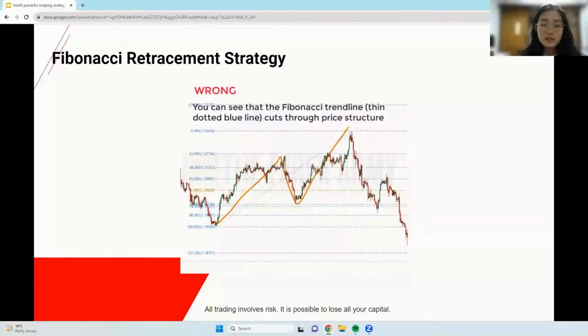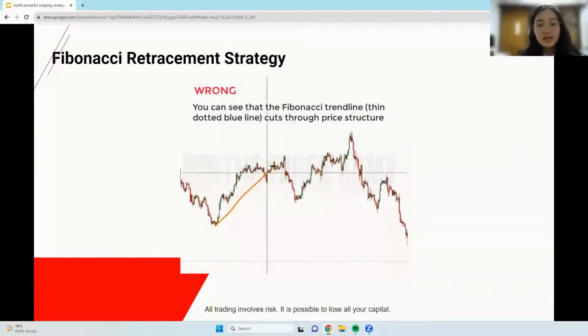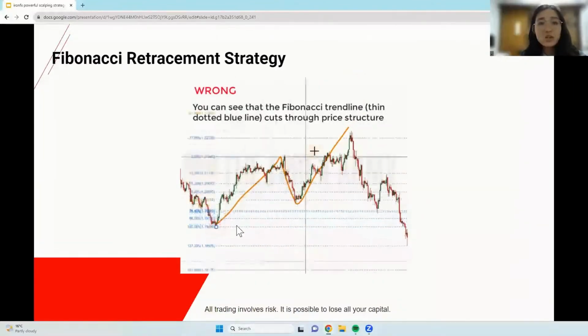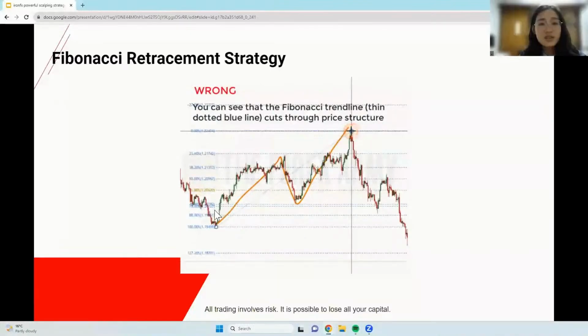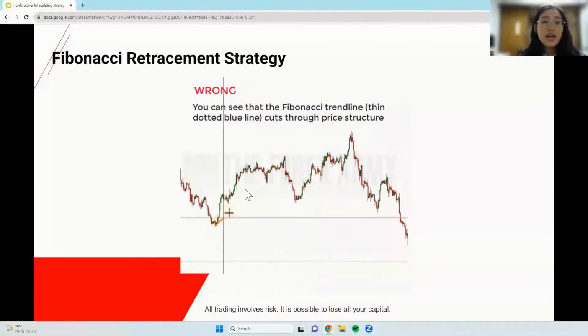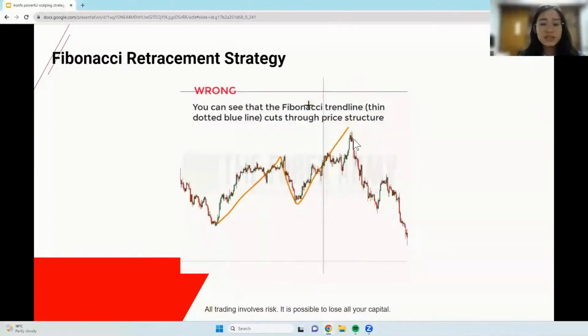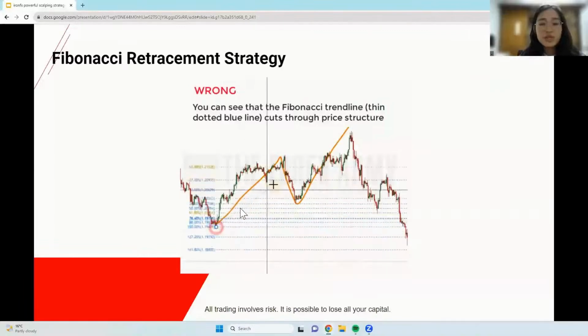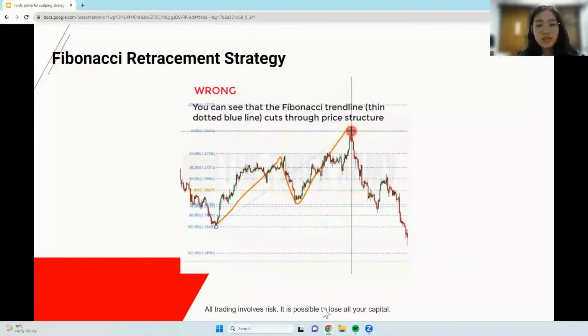If you look at this example, you can see that price doesn't really follow price structure over here. What we've drawn follows the shape of the price, and our Fibonacci just cuts through the shape entirely. So the trend line deviates from price structure by too much in this case.